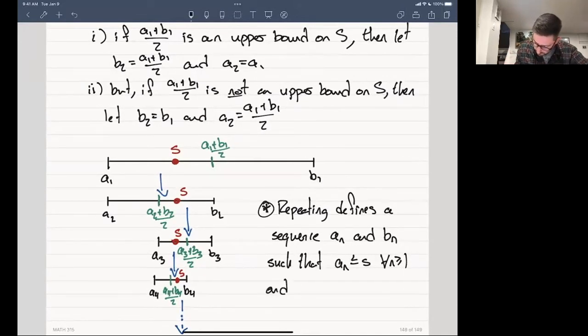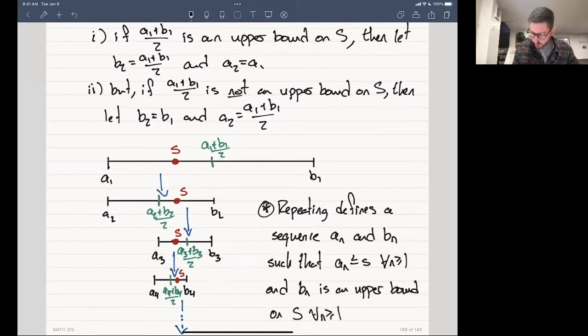And B_n is an upper bound on S for all n greater than or equal to 1. So the A's cannot be an upper bound because they lie below the element S, but the B's are an upper bound for the entire set S, okay?